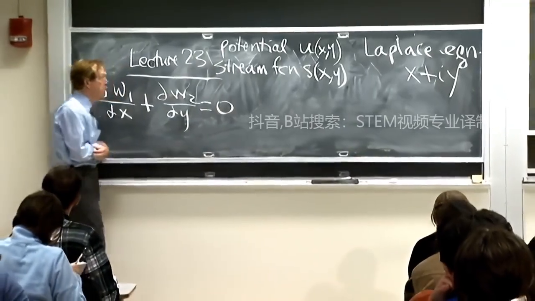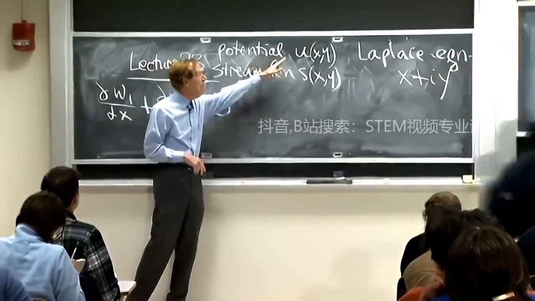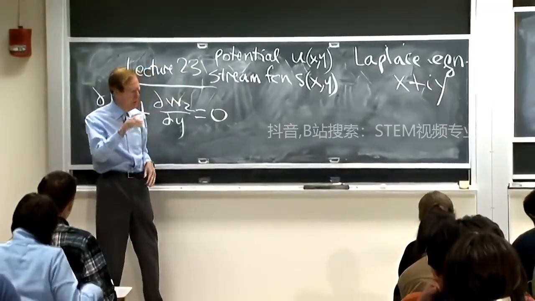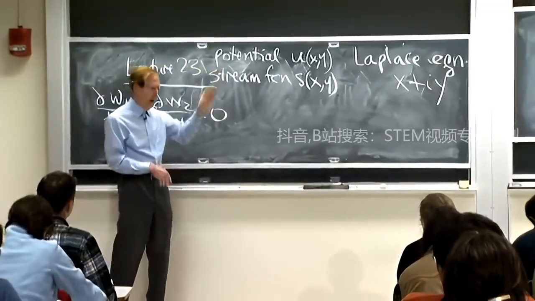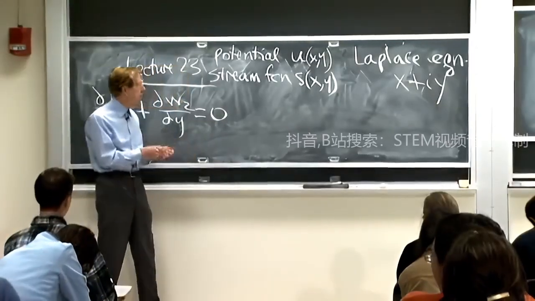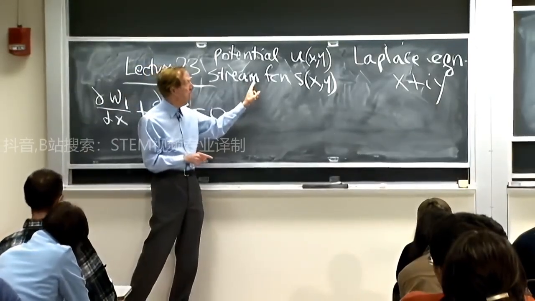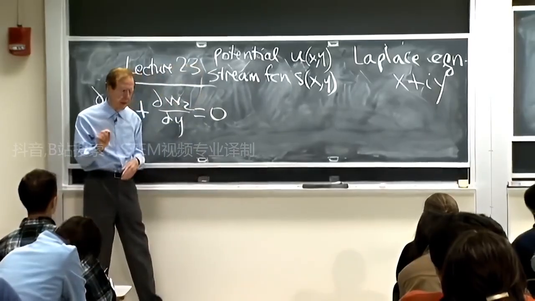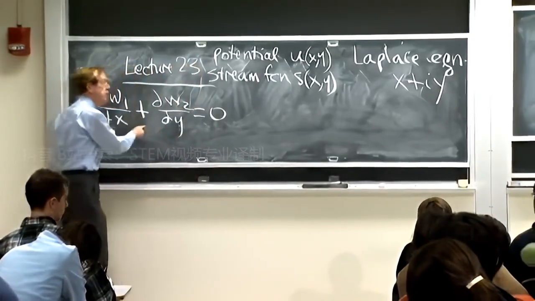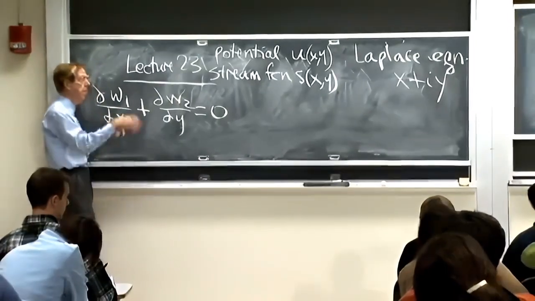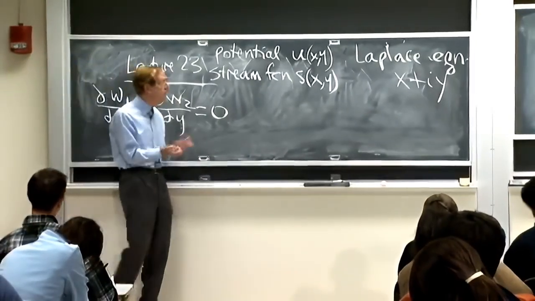So the result will be that we have the potential function u that we've spoken about, and we take its gradient. Then now comes a stream function s that's connected with the divergence. When the divergence is 0, there's something called a stream function s.